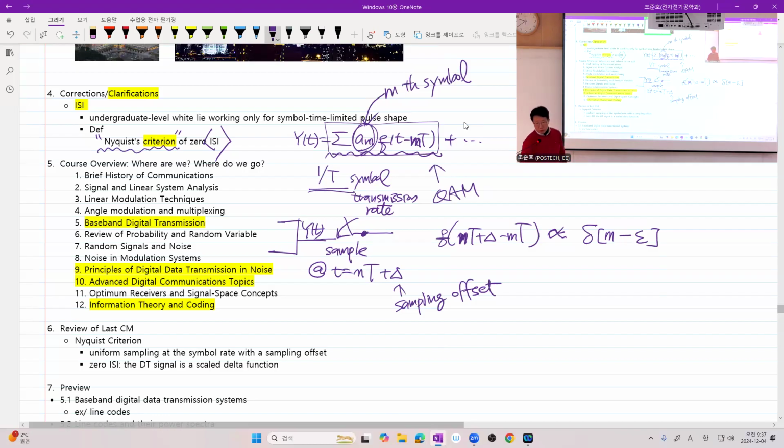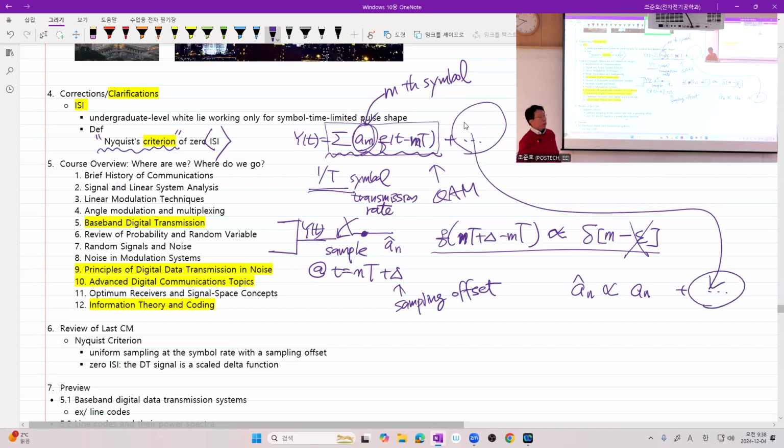This means that when you sample and regard it as an estimate of the nth symbol, in the case epsilon is 0, a hat of n is proportional to a sub n plus some other terms dependent only on the other symbols, not this part.